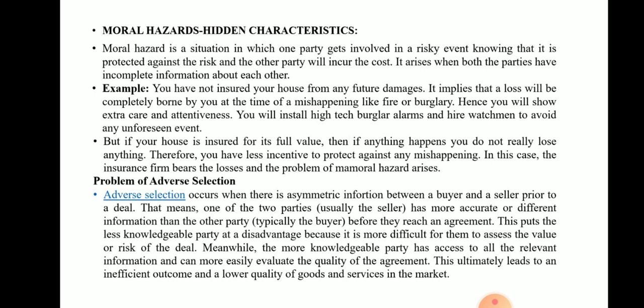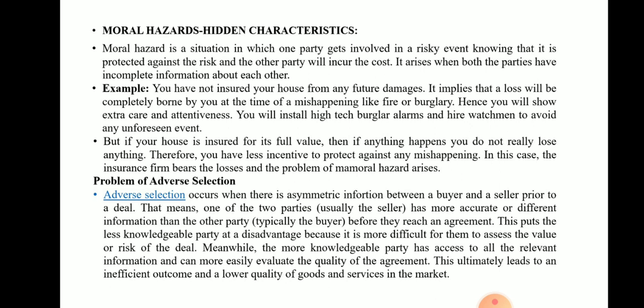Adverse selection occurs when there is asymmetric information between a buyer and seller prior to a deal. That means one of the two parties has more accurate or different information than the other party before they reach an agreement. This puts the less knowledgeable party at a disadvantage because it is more difficult for them to assess the value or risk of the deal.